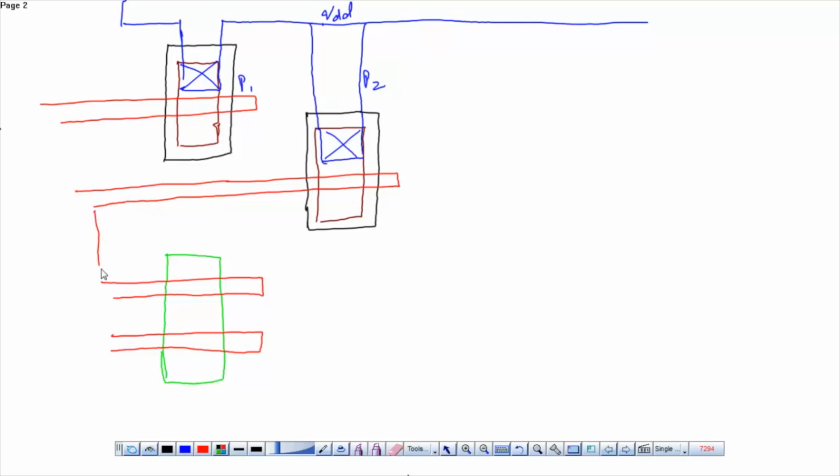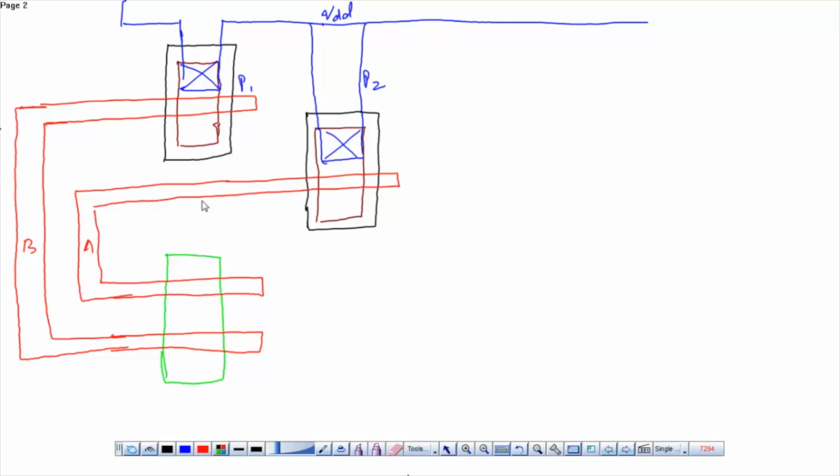Okay, so we'll short this, we'll short this. Okay, now the two inputs are shorted. Let's say this is B and this is A. Okay, the two inputs are shorted now.